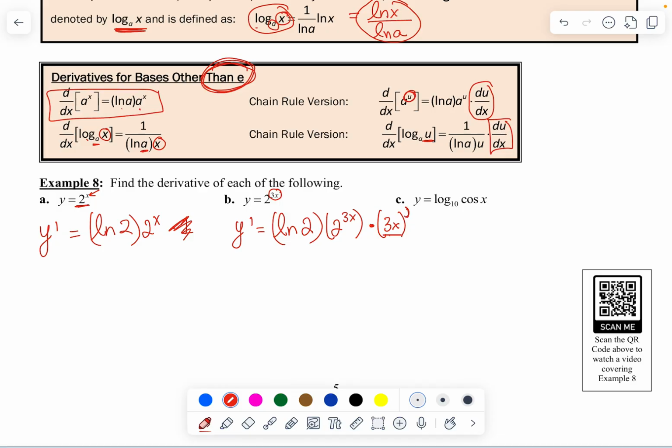Right? That's my u. So it's going to be 3 ln of 2 times 2 to the 3x. I just took the derivative of 3x, which is 3, and moved it to the front.